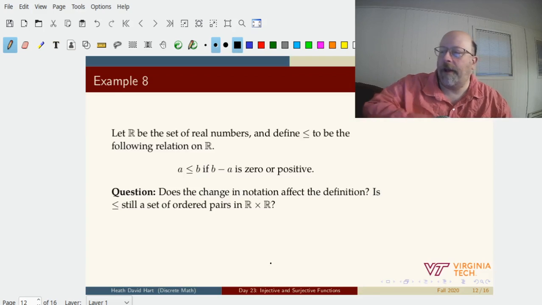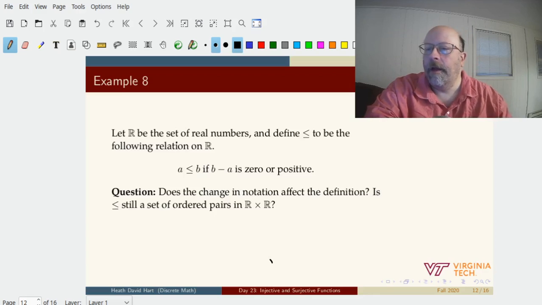All right, let's try example 8 here. We have the set of real numbers. We're going to use the less than or equal to symbol to be the following relation: b minus a is 0 or positive. Does that give us a relation? We've used this symbol before.